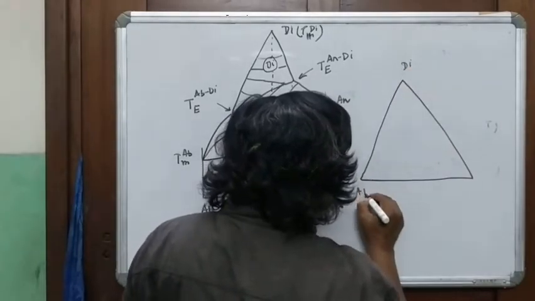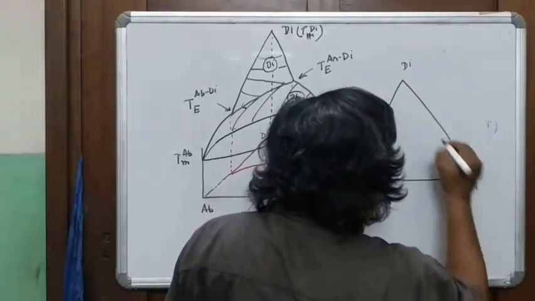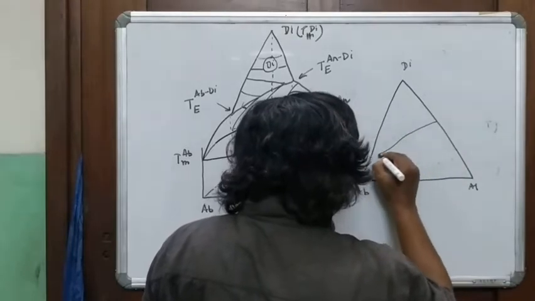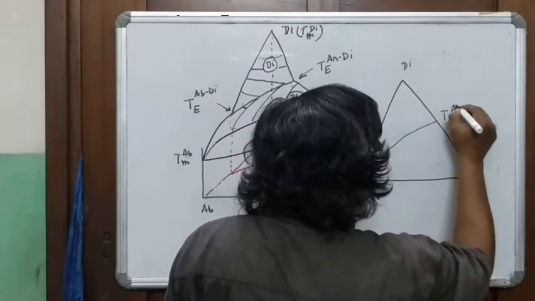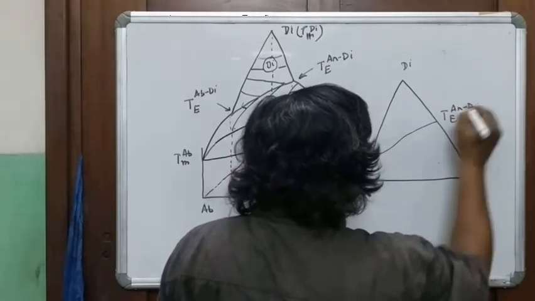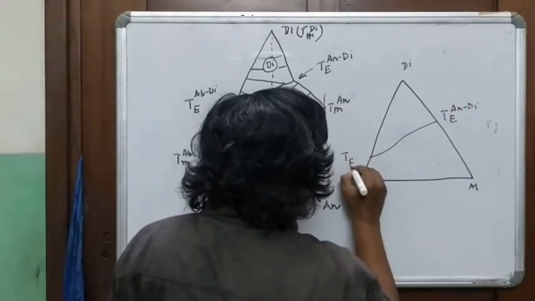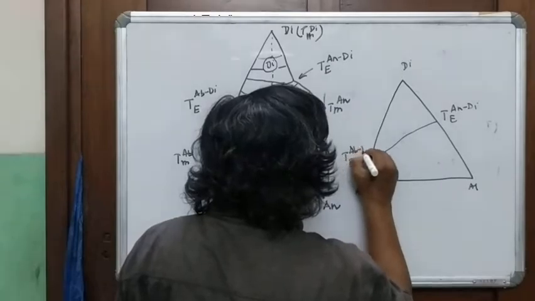Diopside, albite, anorthite, something like that. Temperature of eutectic, anorthite-diopside, temperature of eutectic, albite-diopside.